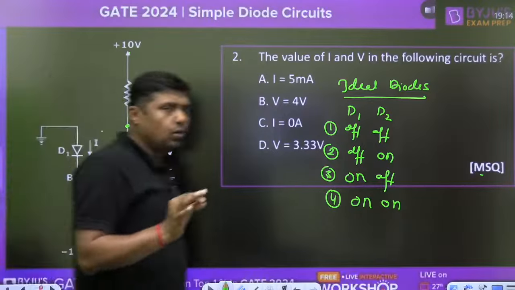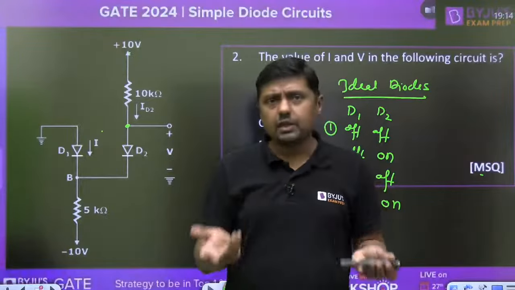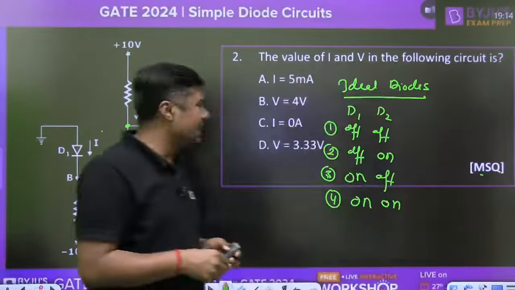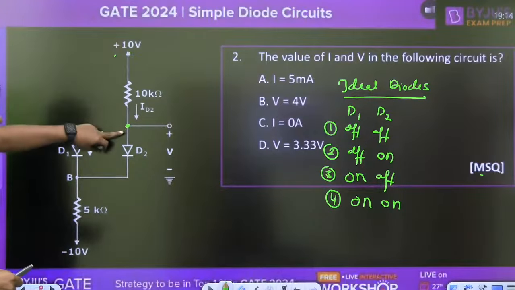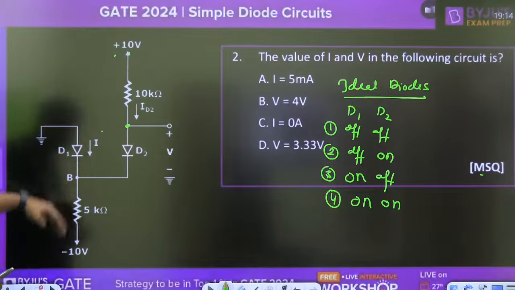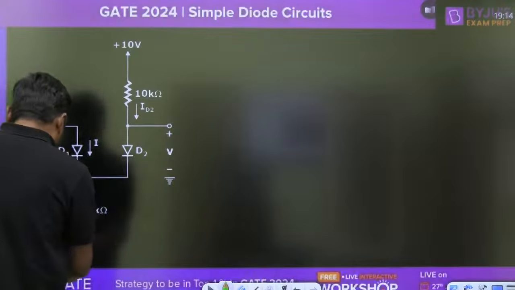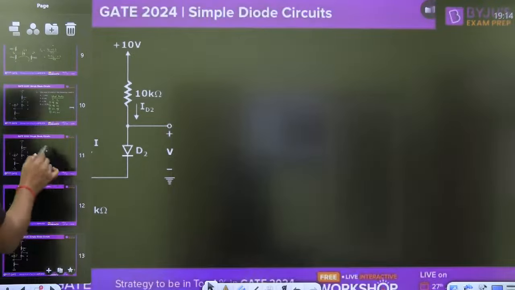In case of a diode, if we have a negative voltage on the negative terminal, then again it may be forward bias. So at first look it seems that both the diodes are forward biased: because of this 10 volt it is forward bias, and because of this minus 10 volt on the negative terminal, it may be forward bias. I am assuming that both the diodes are forward biased. I am just giving you the hint on how to solve the questions.